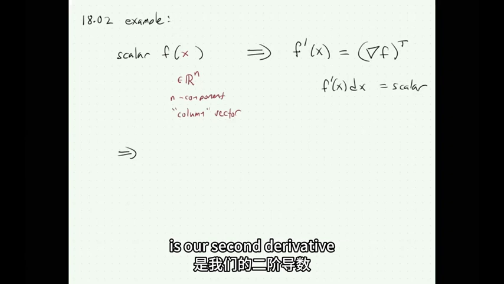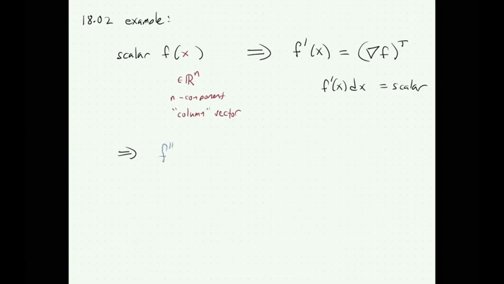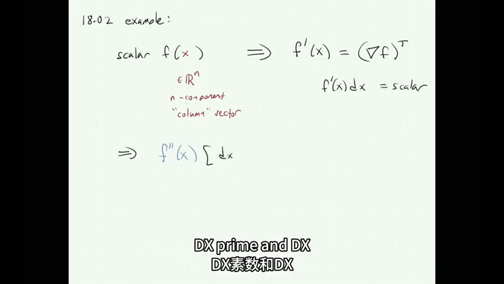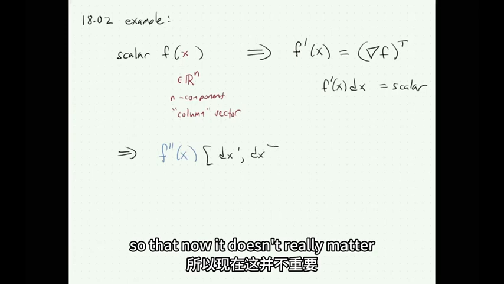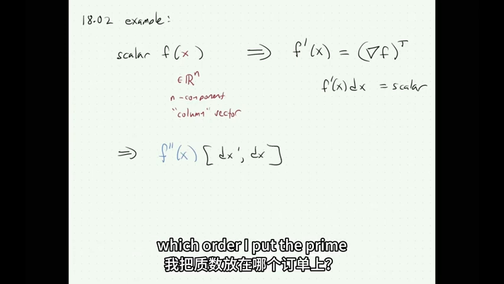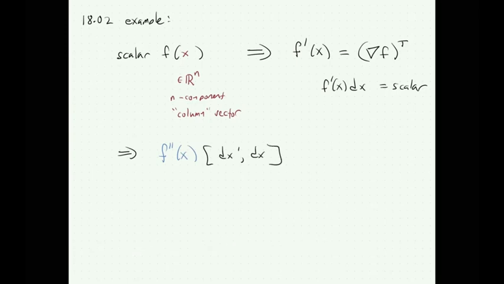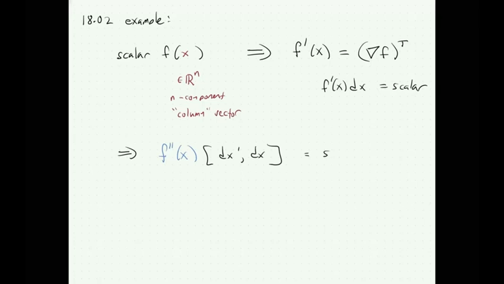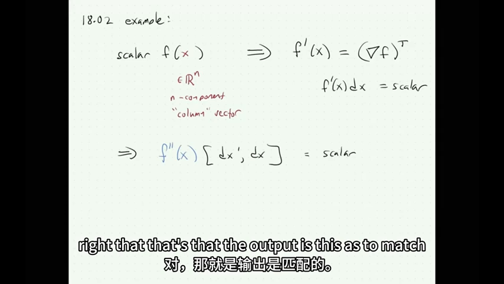Our f double prime of x has to take in two vectors, dx prime and dx, and it doesn't really matter in which order I put the prime. But it has to give a scalar. In the end, the output has to match.